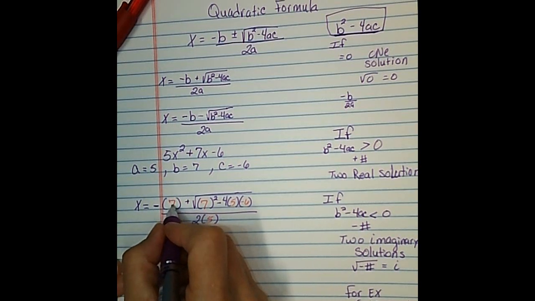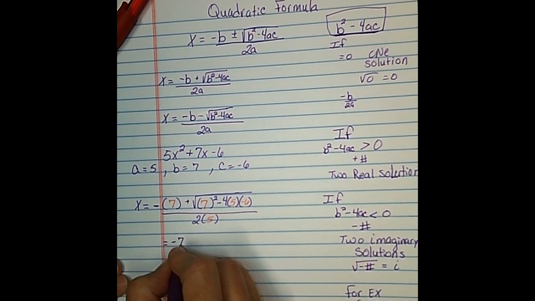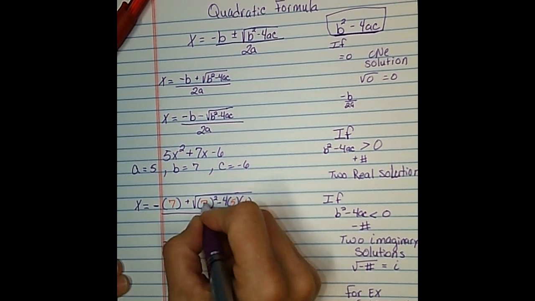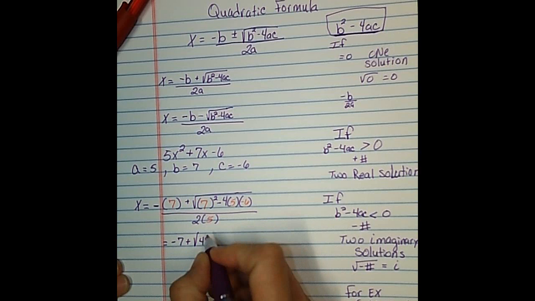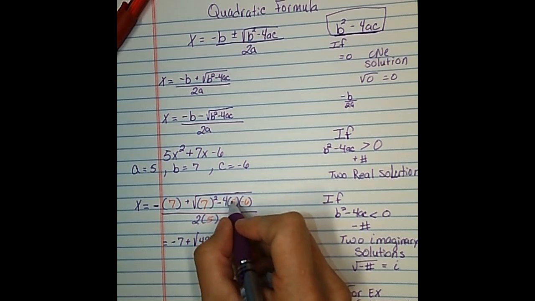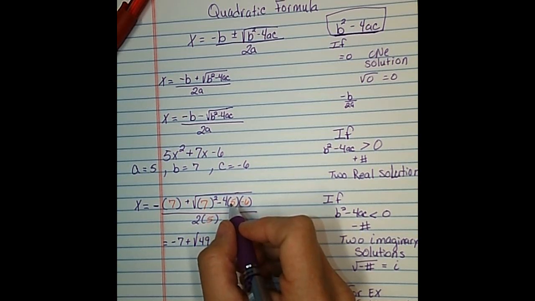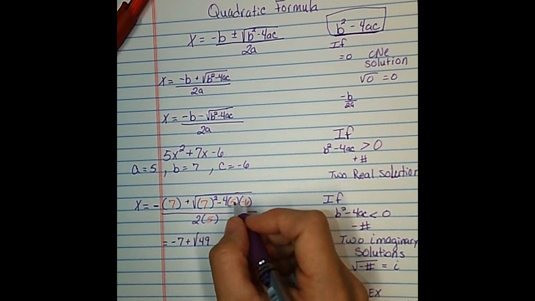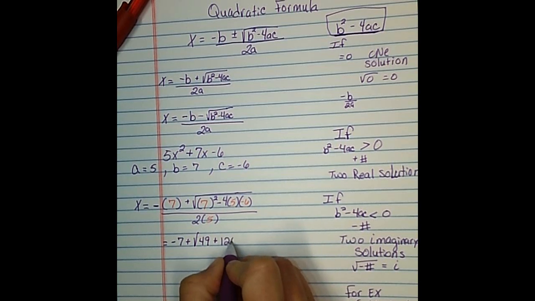So I have negative times positive is negative 7. 7 squared is 49. That gives me negative 4 times positive 5 is negative 20. Negative 20 times negative 6 is a positive 120.